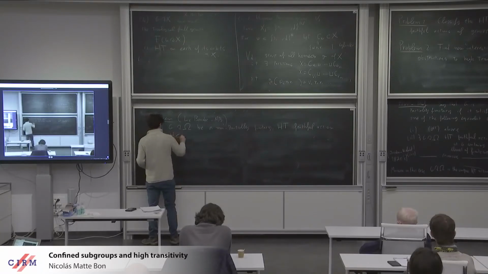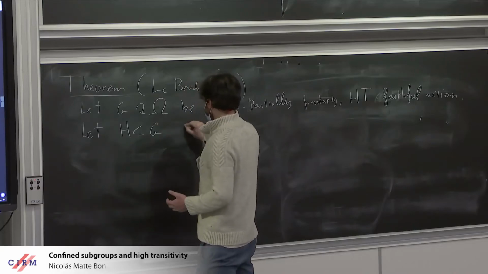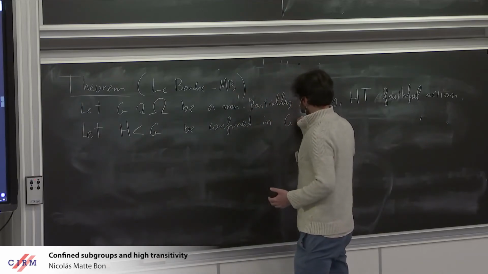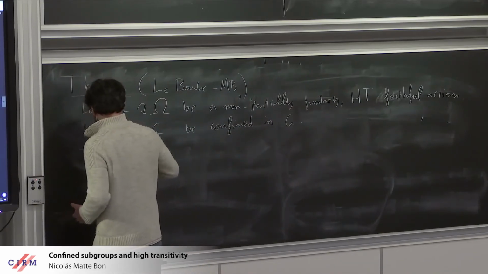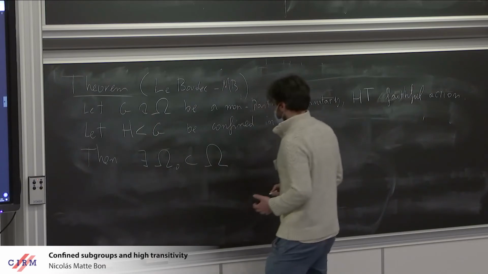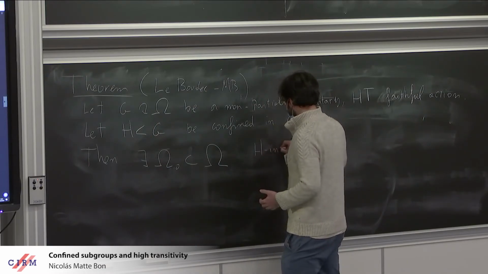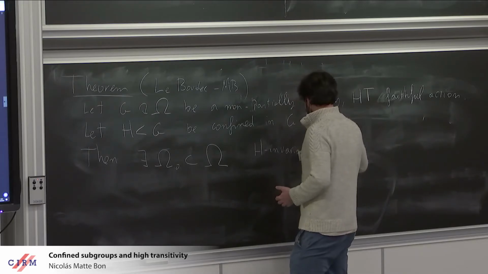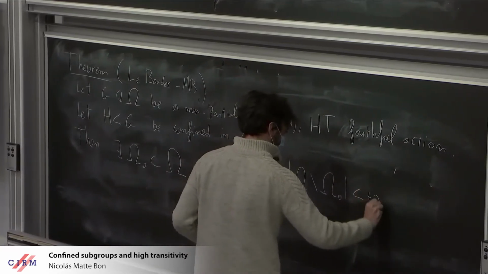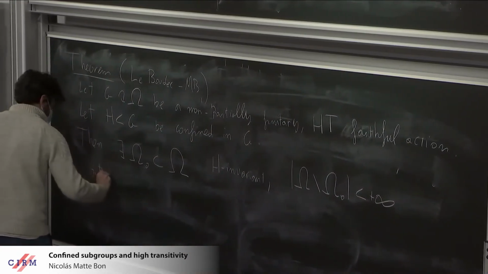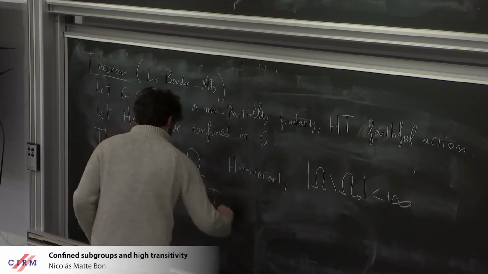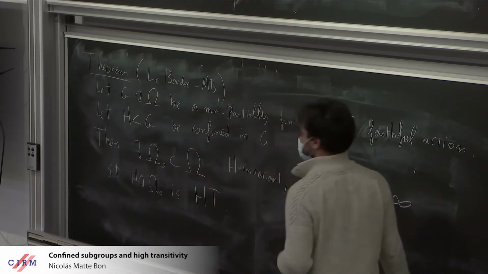Let H be a confined subgroup of G. Then there exists a cofinite H-invariant subset omega 0, with finite complement, such that the action of H on omega 0 is highly transitive. So the action of H remains highly transitive if you admit to discard finitely many points.